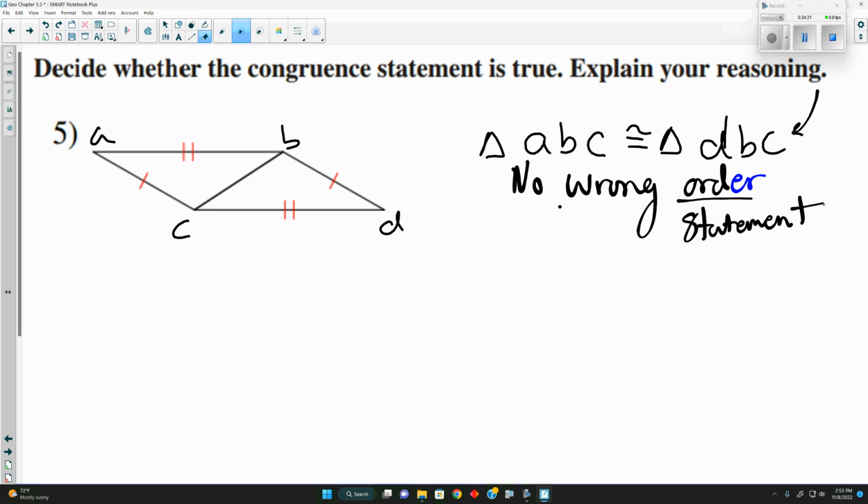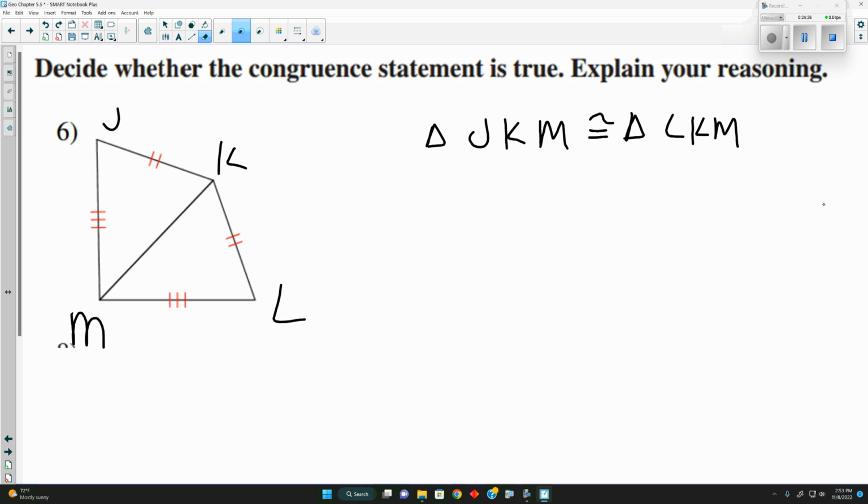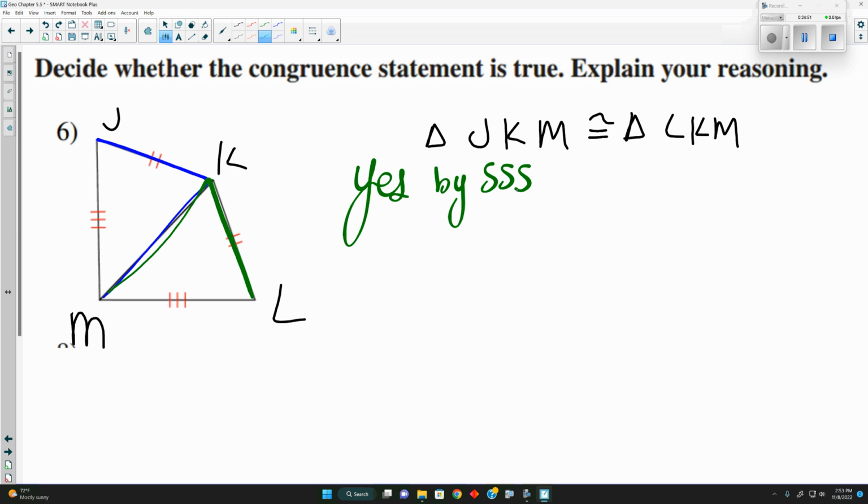Questions on this here? JKM and LKM. So JKM. So we can say yes, by side, side, side. And what are our congruencies?